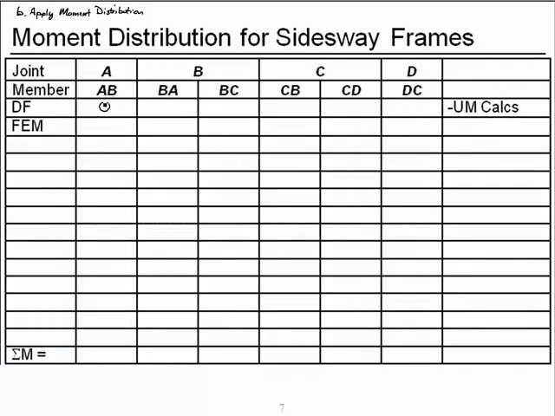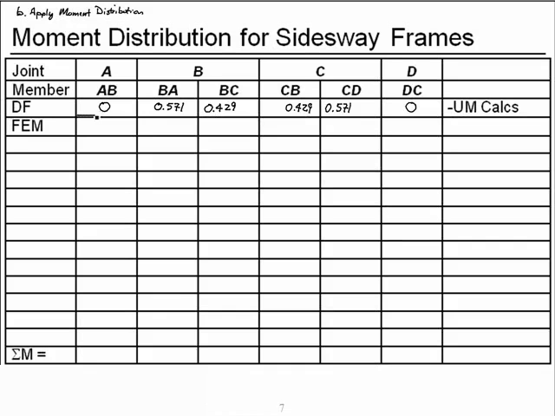So we have 0, 0.571, 0.429, 0.429, 0.571, and 0. And I pushed these two together, and I pushed these two together because they all belong to the same node. These two are not part of the same node.